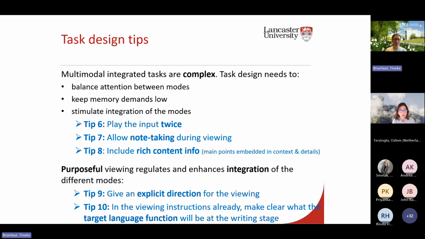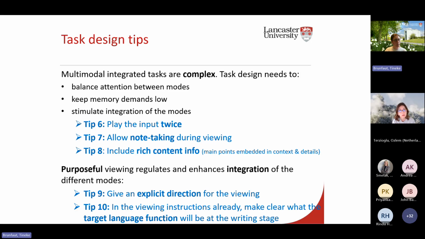It is a reality, though, that these kinds of tasks are complex. They are cognitively demanding for a test taker. So when we design such tasks, we need to balance the attention between those different modalities. We also want to keep the memory demands as low as possible, and we want to stimulate integration of the modes.